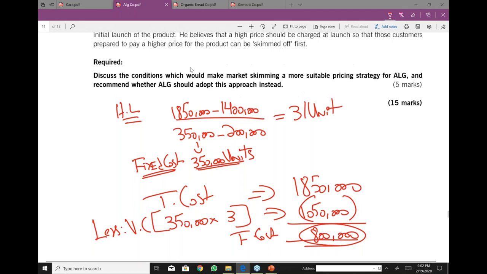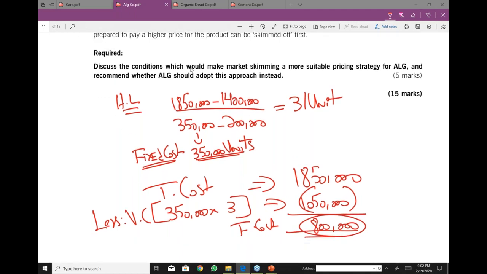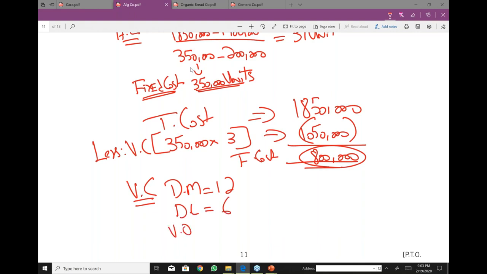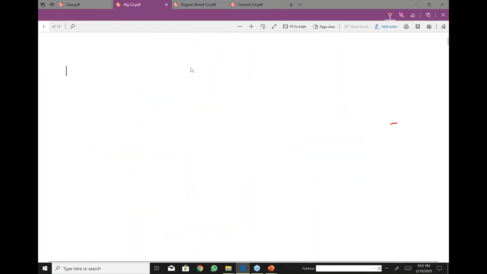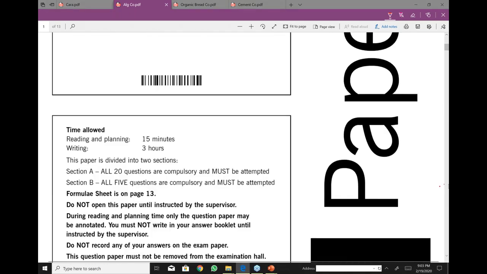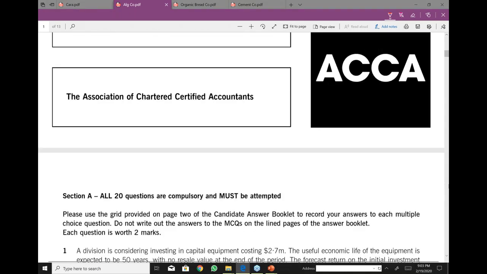And I think we are done with part A. The variable element is 3 and the fixed element is 800,000. So the first part answer is simple. Variable cost includes direct material of 12, direct labor of 6, and variable overhead of 3. So this makes 21, whereas the fixed cost is 800,000. So this is the first part answer that I have worked out in front of you people. Okay, guys, agreed?